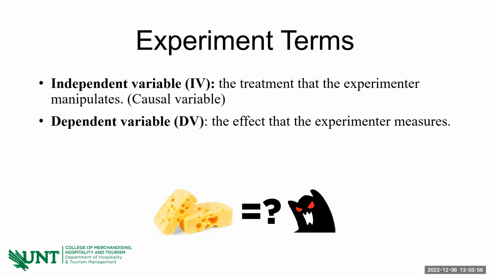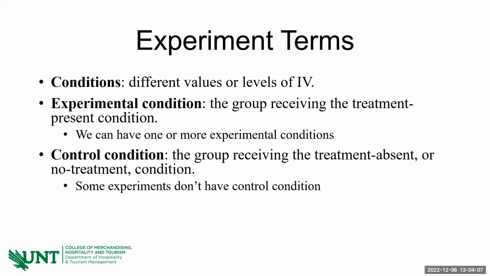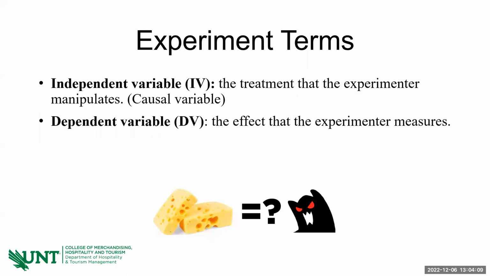Again, remember that the independent variable is the one you give to your participants as a treatment. So in our nightmare or cheese experiment, our independent variable is eating cheese versus not eating cheese. We have two conditions, which we will talk about on the next page.